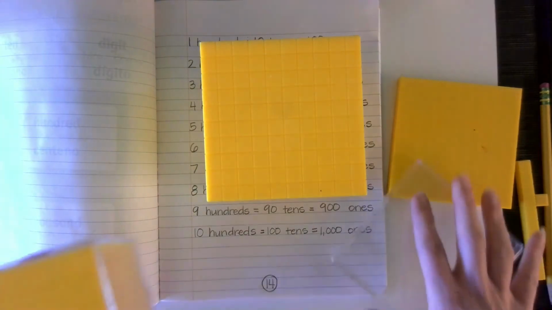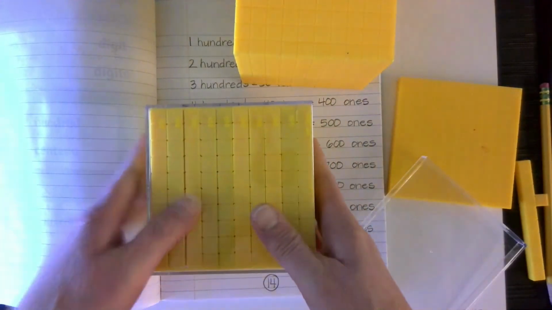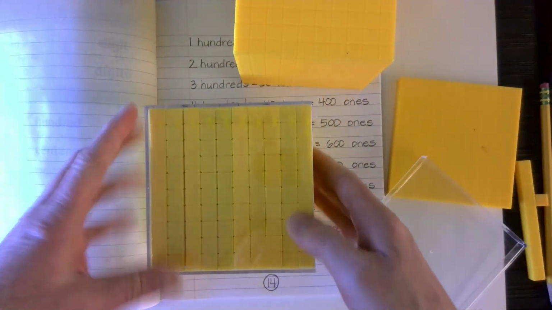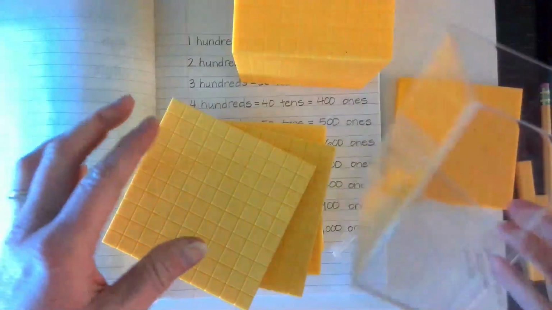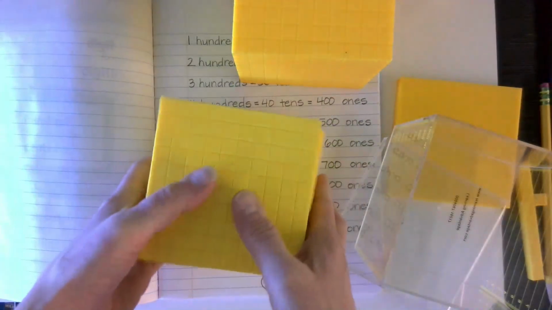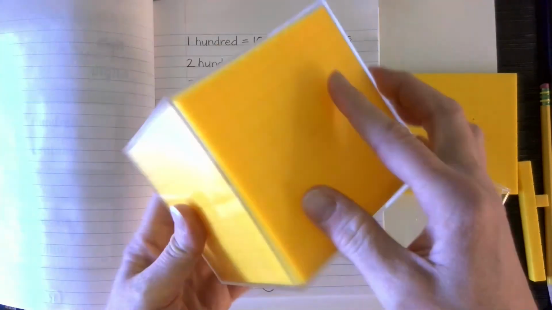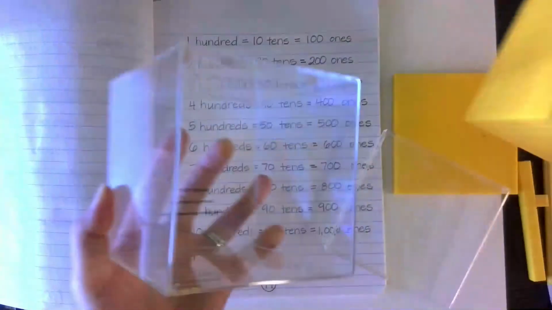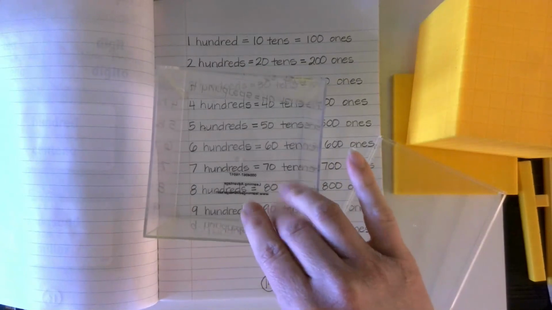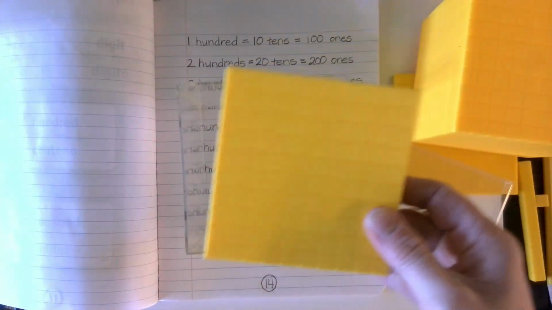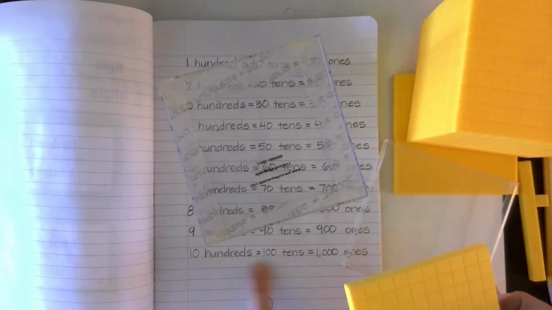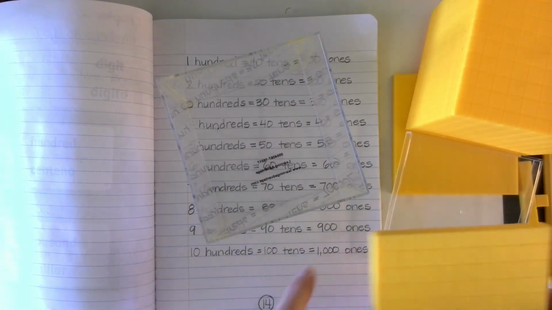Okay. I have a plastic box here, and inside you can see that I have, well, I'll even pull them out so you can see them. But inside my plastic box, 1,000 fits in here. Okay. 1,000. But I can also fit in 10 hundreds, because 10 hundreds is the same as 1,000.